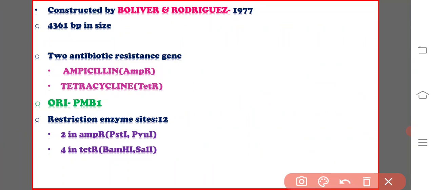The name pBR is derived from the names of two scientists: Francisco Bolivar Zapata and Raymond L. Rodriguez.